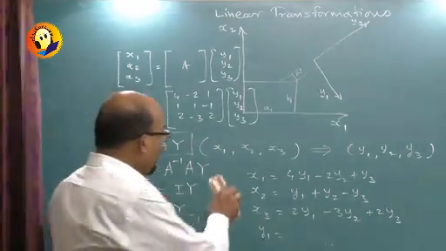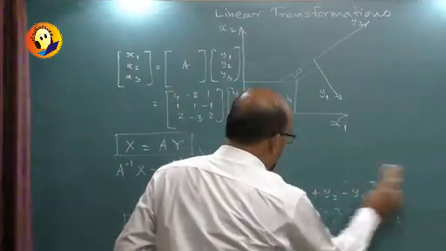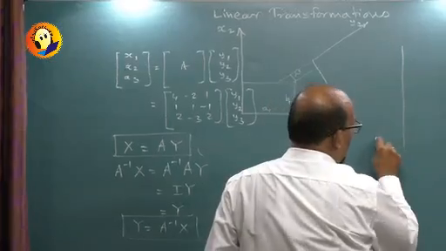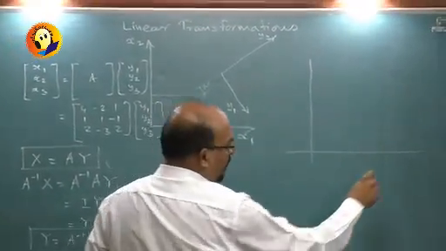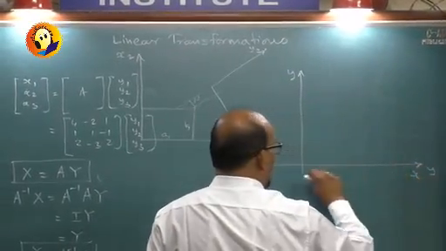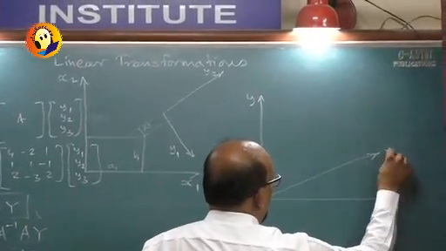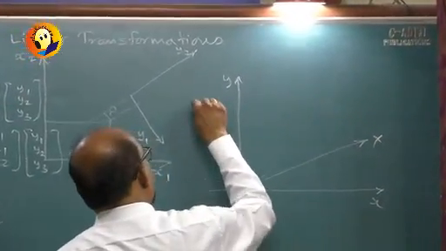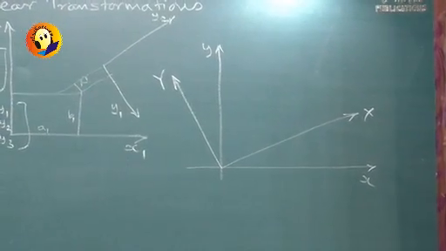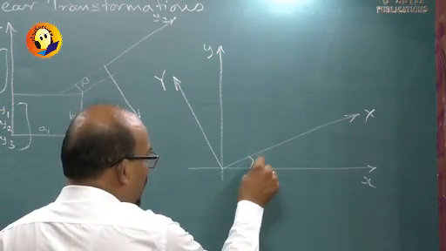Now where do we require these? I said that we will be requiring all of these in computer graphics. See, I have one system xy, and there will be another system, capital X, capital Y. Okay, origin remains the same, it is simply rotated by some angle theta.